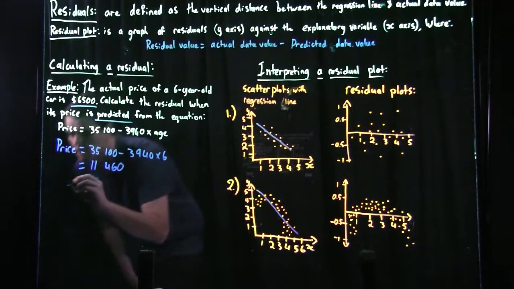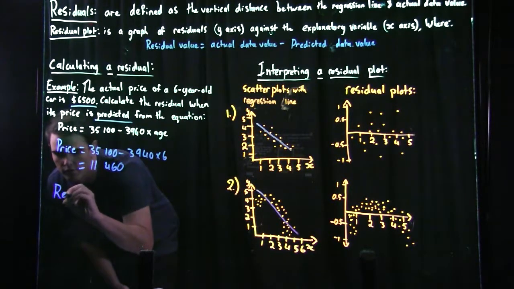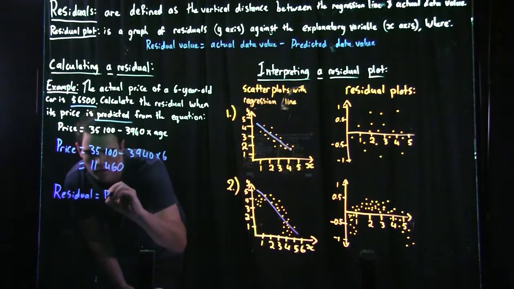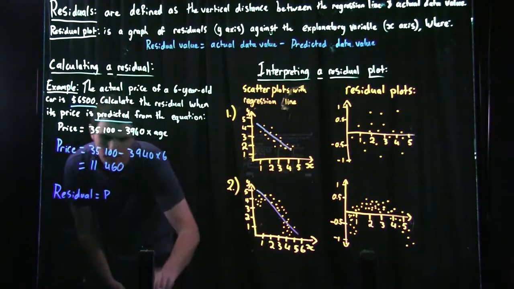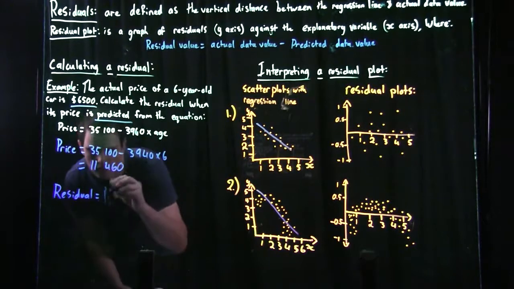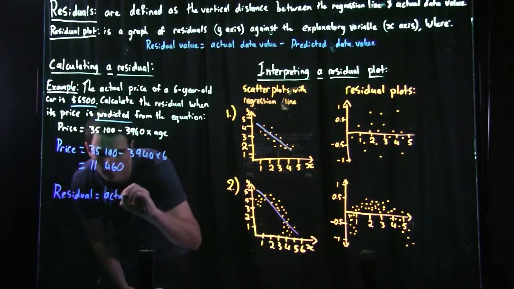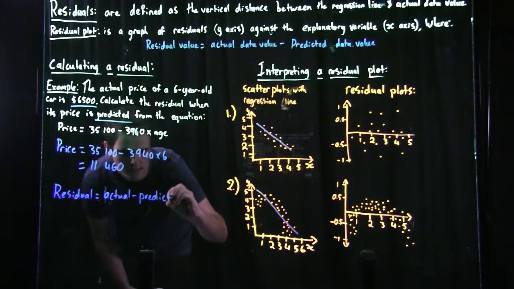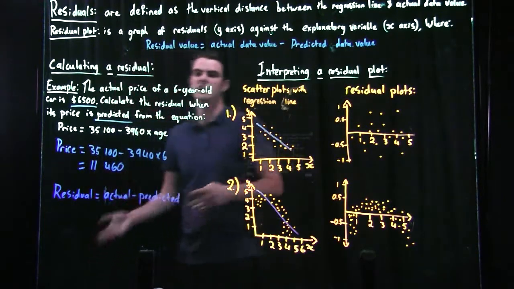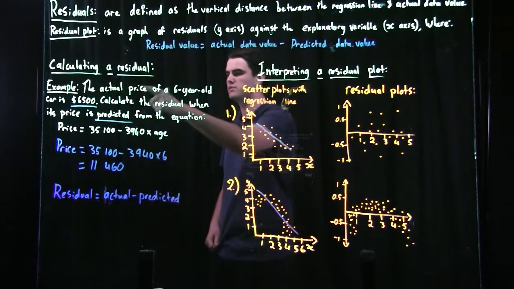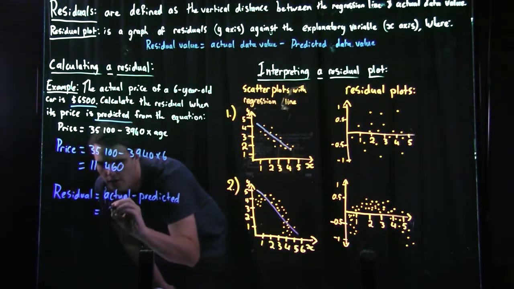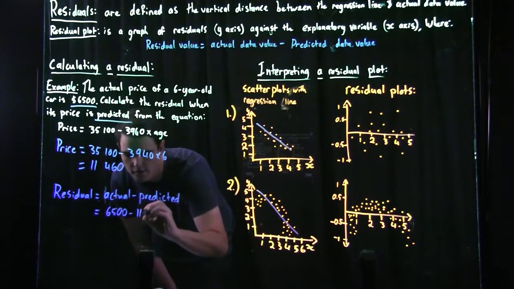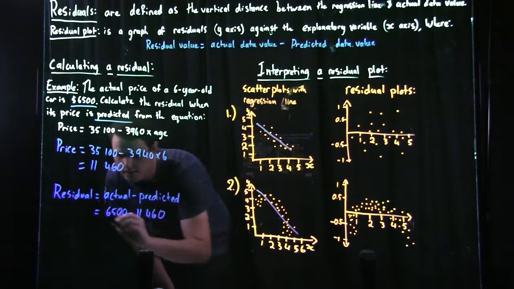Okay, now I know what my predicted price is, I can go through and I can calculate my residual. Okay, so when I do this, again, very straightforward. The residual equals the actual take the predicted. Okay. Now it's just a matter of substituting in what was my actual value, 6,500. What was my predicted, 11,460.